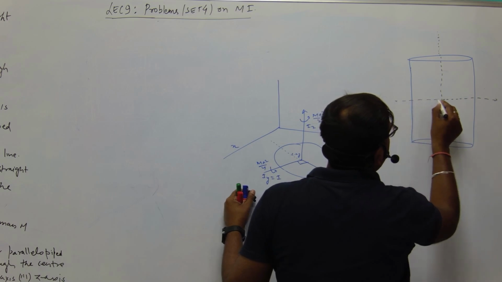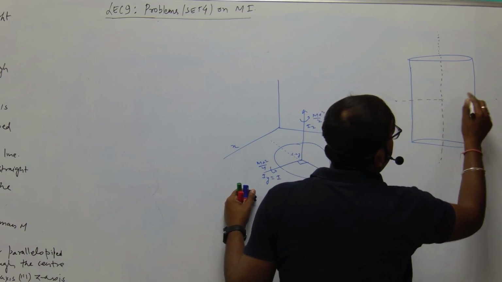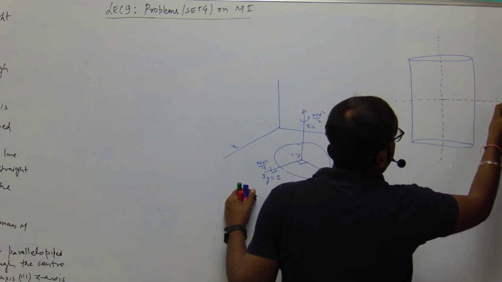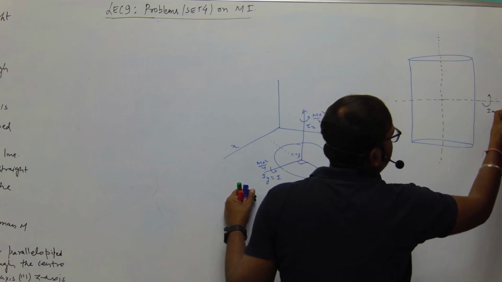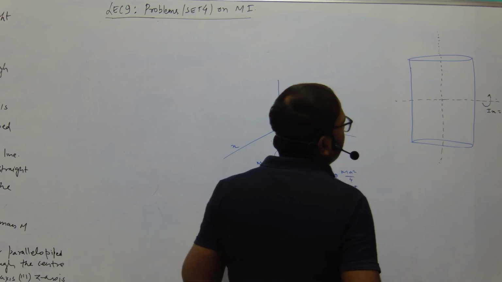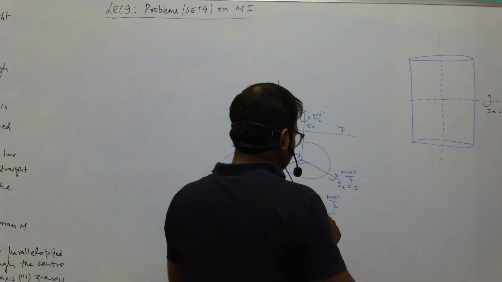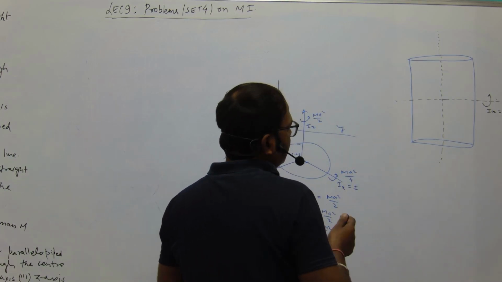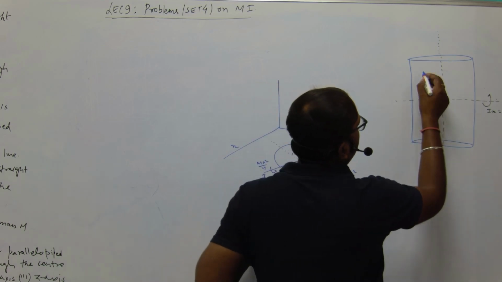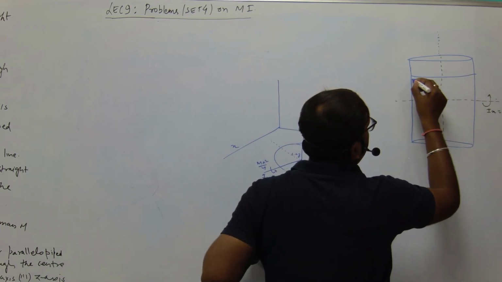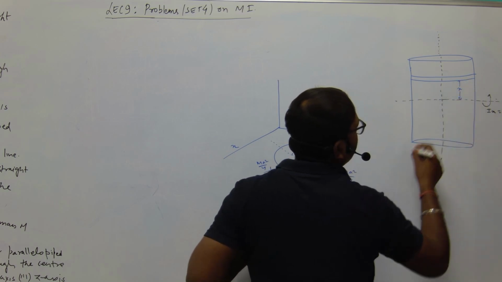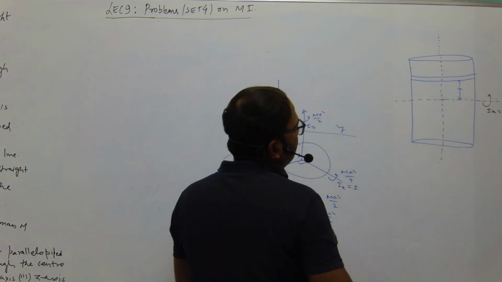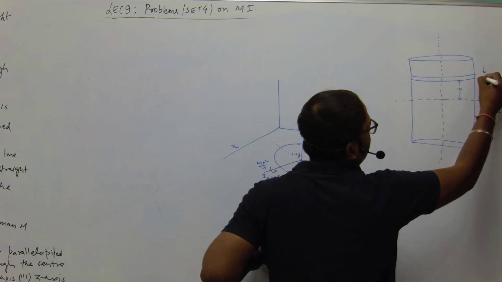This is its axis. So we have to find the moment of inertia about this axis. Okay, this is Ix. So let us take an elemental disk at a distance of x from the x-axis. This is our elemental disk, and its thickness is dx.